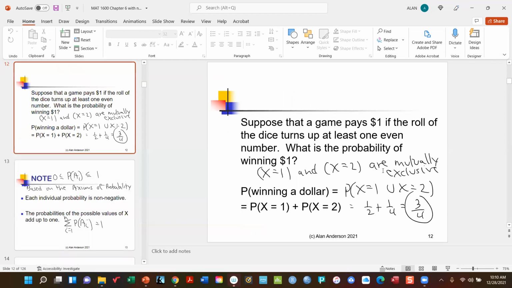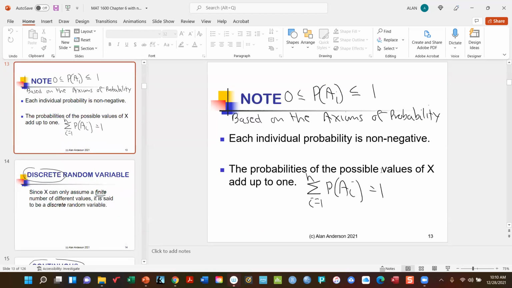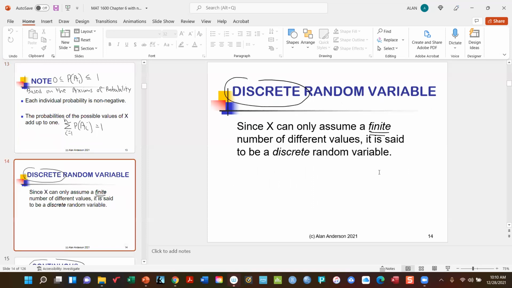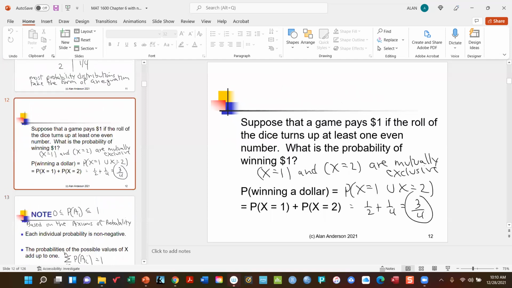So we introduced a couple of types of random variables. I just mentioned that a random variable X can be discrete if it only has a finite number of possible outcomes, like here. Clearly, this X is discrete because it only has 3 possible values, 0, 1, and 2. And since that's a finite number of possible outcomes, we say that X is discrete.